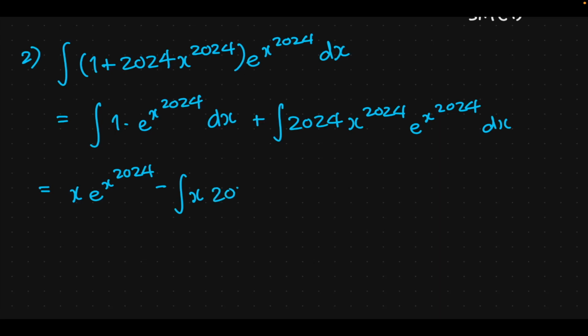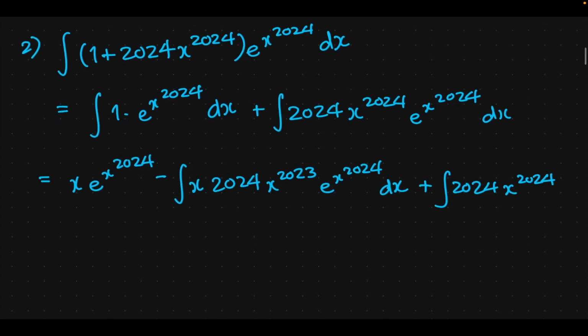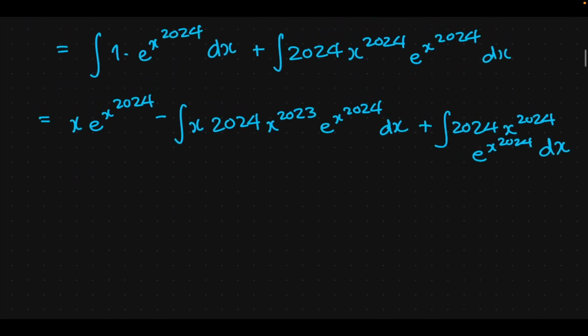So that's 2024 x to the 2023 e to the x to the 2024. It's all just chain rule, dx plus integral 2024 x to the 2024 e to the x to the 2024 dx. So that's entire factor.